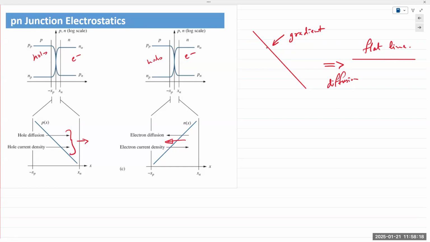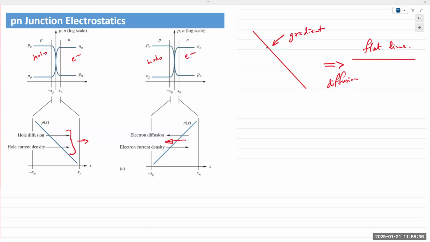You have holes on this side, electrons on this side, and these are excess, the ones available because of the donor atoms and the acceptor atoms. So the holes are moving this way, the electrons are moving the opposite direction.